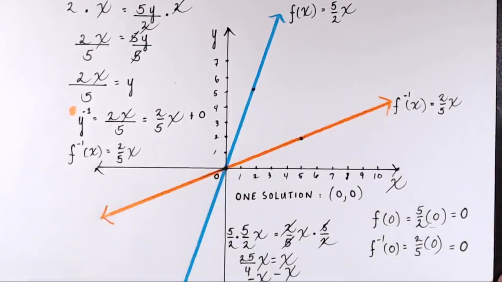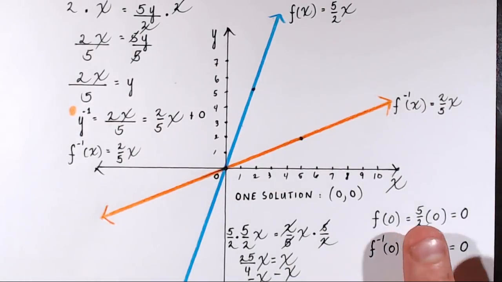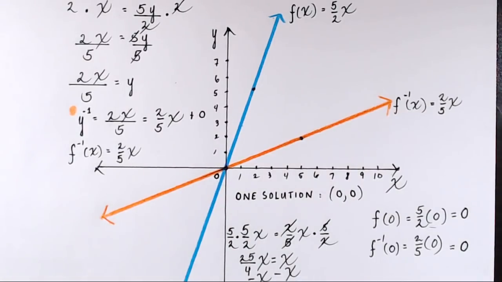They both evaluate out to 0. So, in other words, if x is 0, then y is also 0. According to this system, that's what comes out. So that's why our solution is 0, 0. Okay? And that was number 4.